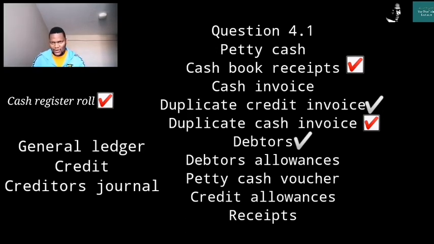Now we issue out a duplicate credit invoice. In fact, when we issue a credit invoice, the customer will take the original credit invoice and the business will remain with the duplicate credit invoice. So we will use the duplicate credit invoice to record on the journals.